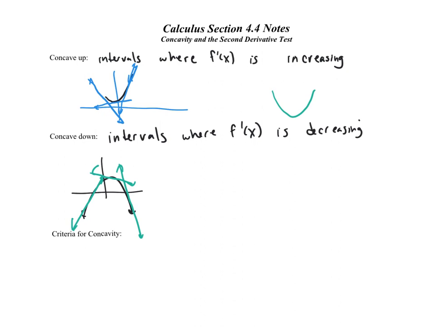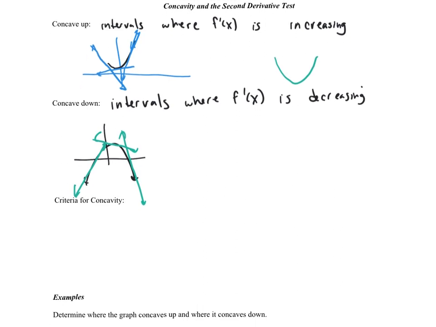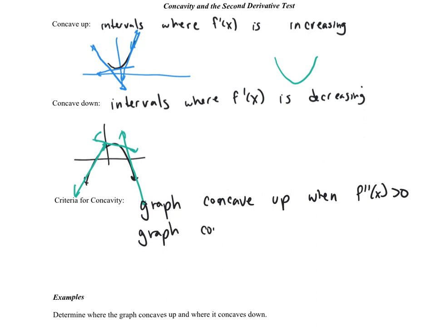So the way we will check the criteria for concavity: we say a graph will be concave up when f double prime of x is greater than 0, and we will say the graph will be concave down when f double prime of x is less than 0.